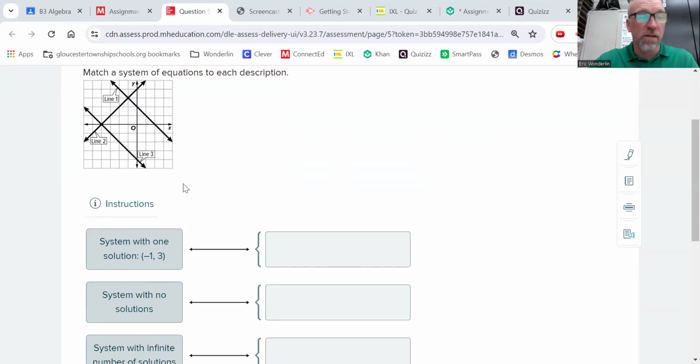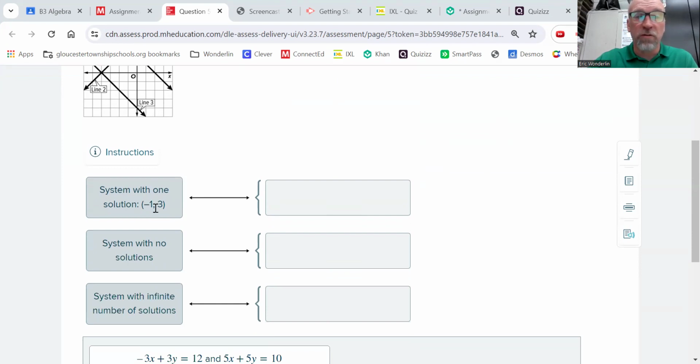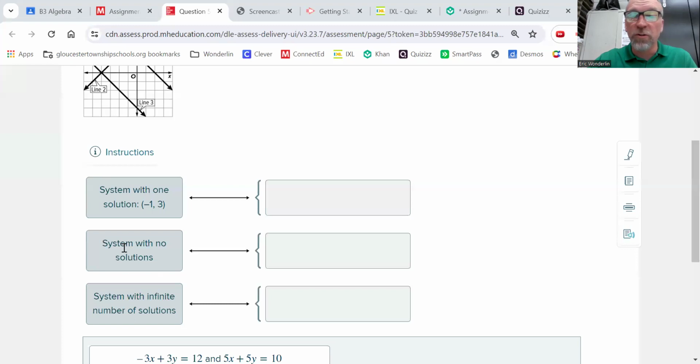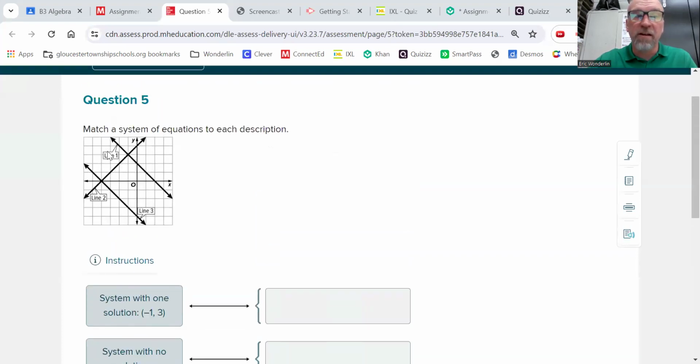Okay. They want to know when I have a solution of -1, 3, that's this spot up here. That means that the solution -1, 3 is a solution to line 1 and line 2 being put together as a system. When I have no solutions, that means I need parallel lines. That's line 1 and line 3.